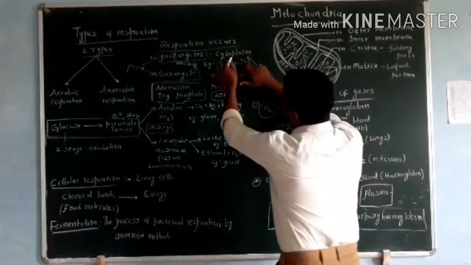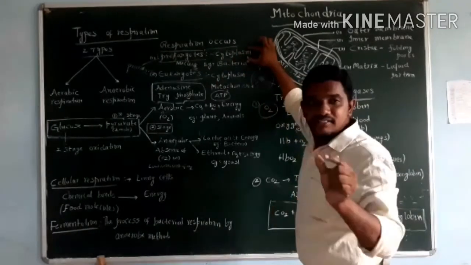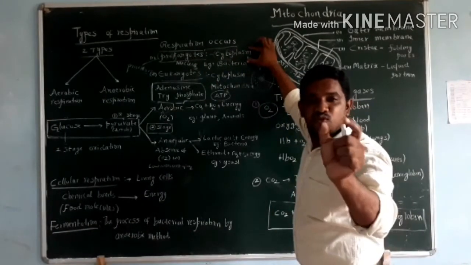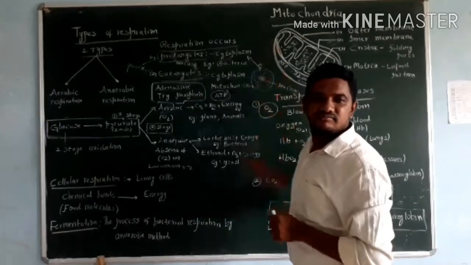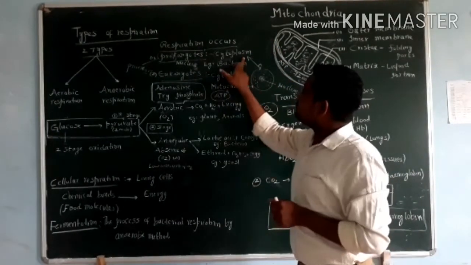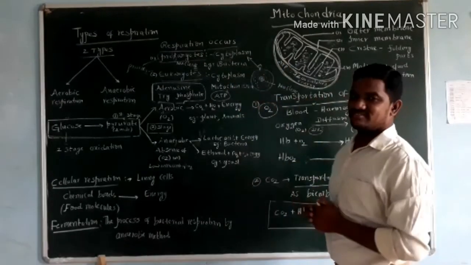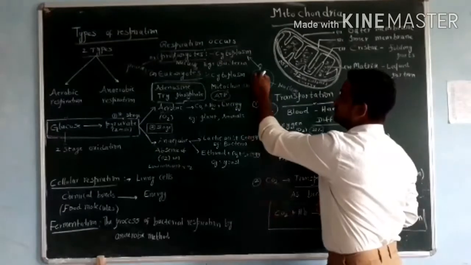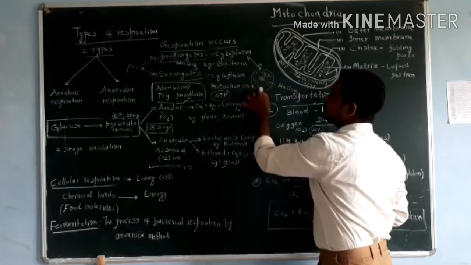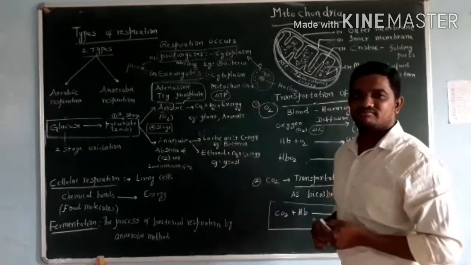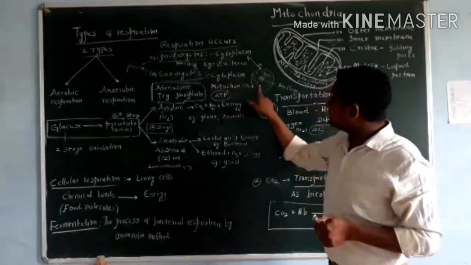Cyto means cell. Plasm means fluid, liquid material. The liquid portion present inside the cell is called cytoplasm. In bacteria, respiration takes place in the cytoplasm.